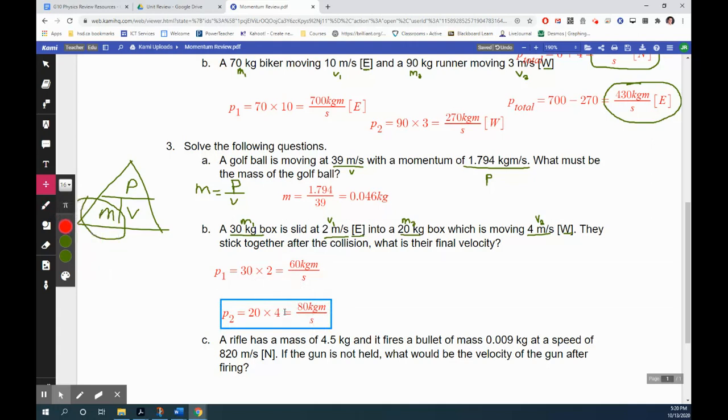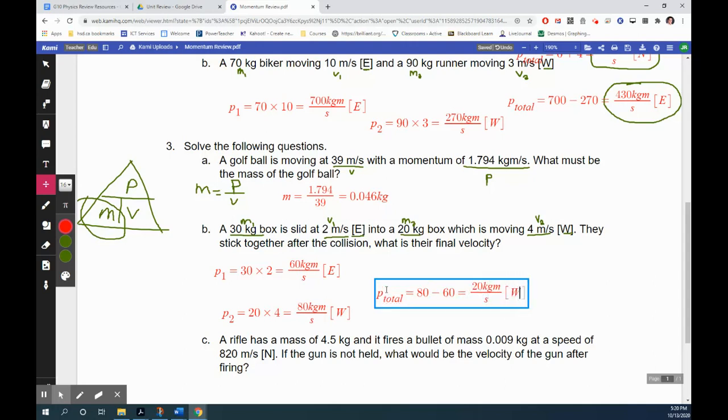And now we look, which is bigger? P1 was east, and P2 was west, so they're opposite directions. So we're subtracting them. P total equals, in this case, 80 minus 60, which is 20 kilogram meters per second, towards the bigger one, which was west.